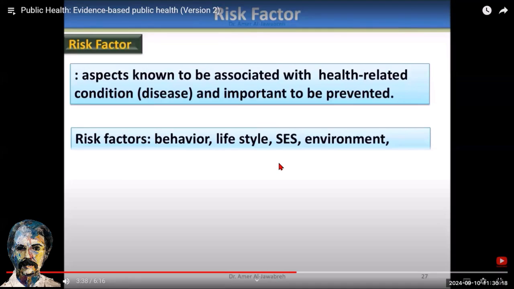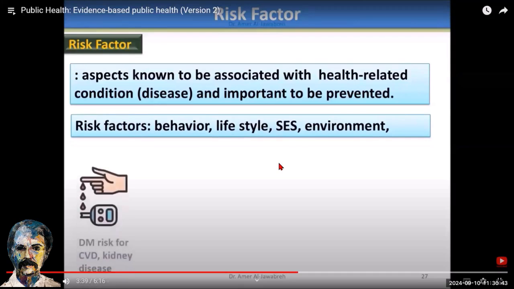Do you have a stone-cutting quarry around you? Radiations, all of these, even animals, stray dogs. Do you have an airport around you? Are you living next to an airport where you cannot sleep at all? All of these are risk factors for certain diseases.